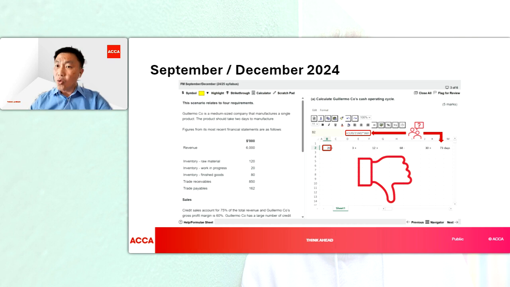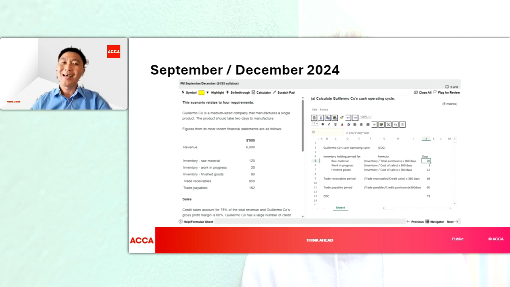So what makes an answer in the computational one marker friendly? Let's take a look at this. Well, instead of showing only the figure without narration and labeling, this time I'm taking the initiative to let the marking team know I'm here to calculate the cash operating cycle of the company.